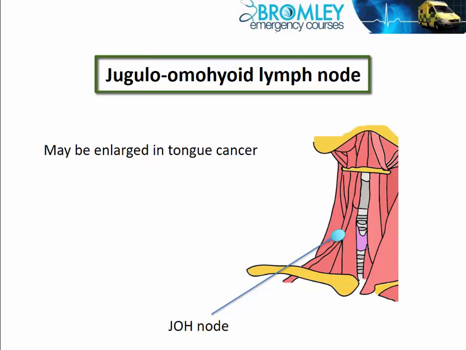So I've indicated its approximate position here. It's very close to what's known as the central tendon of the omohyoid. Omohyoid has a tendon in its center where it runs behind the sternocleidomastoid. And the node there is important because it may be involved in tongue cancer. Tongue cancer, classically, when it spreads to that node. So if that node is palpable, it may be an indication of tongue cancer.